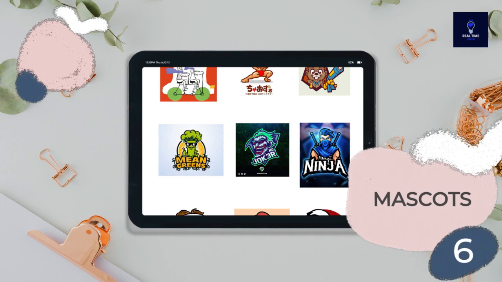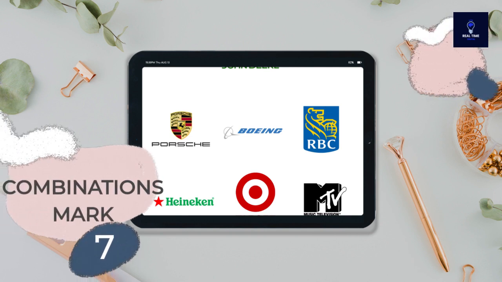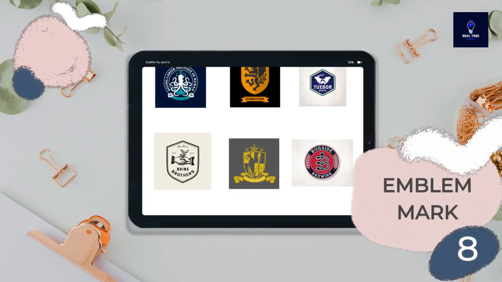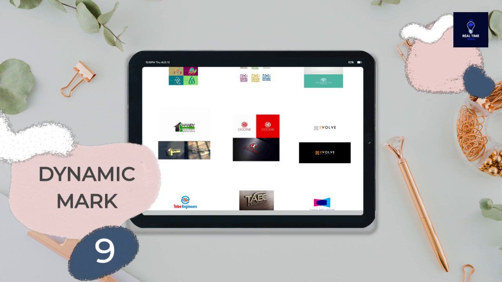Mascots. Combination mark. Emblem mark. Dynamic mark.